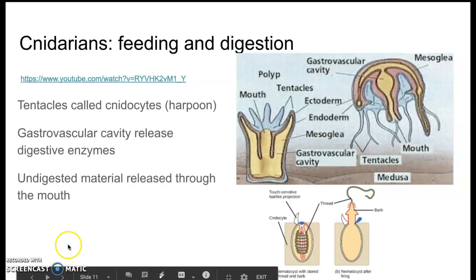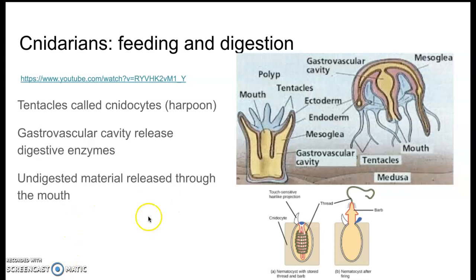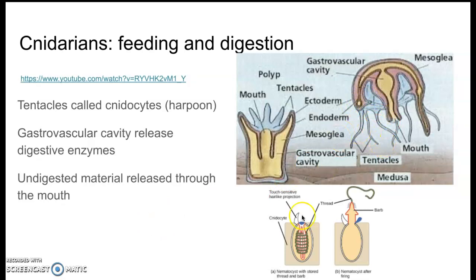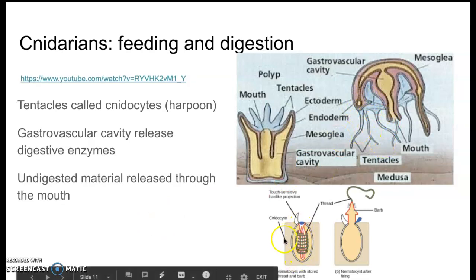Very interesting is that these organisms have cells called cnidocytes, and they work like a harpoon. The cnidocytes have this stored barb, and they react when they're touched.